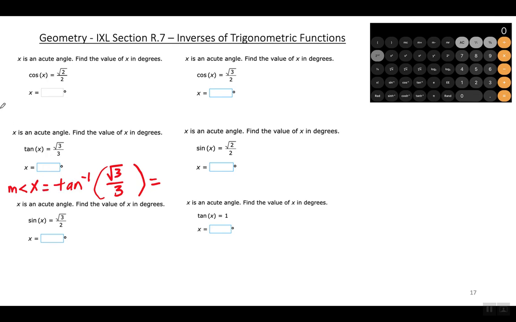And by the way, let me just do this for these as well. So the measure of angle x equals inverse of cosine. And this one was 45 degrees, if I remember correctly. And this one was the measure of angle x equal.